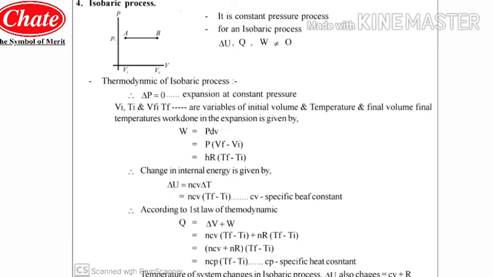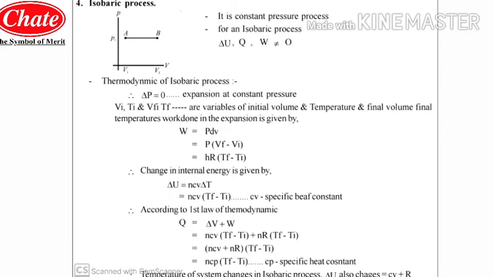After that, P may be written as nR, as you can see from the ideal gas equation. PV is equal to nRT is the ideal gas equation. From that we have written the value of PV as nRT, and T we have represented in the form of Tf minus Ti.